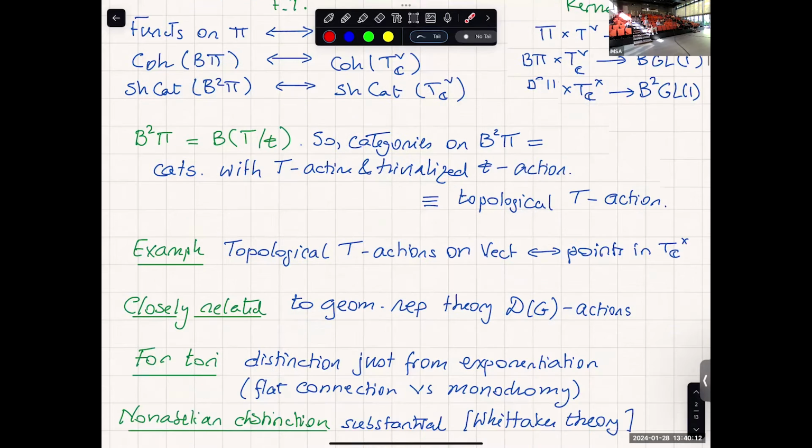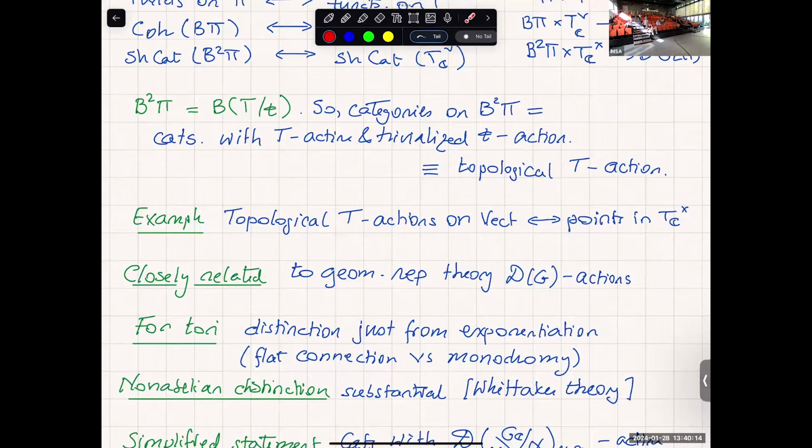For an example of this, if you ask what are topological T actions on Vect, you get exactly points in T check, and maybe a better way to say that is H² of BT with C star coefficients, which characterizes central extensions, characterizes actions on the category Vect. And that's it.